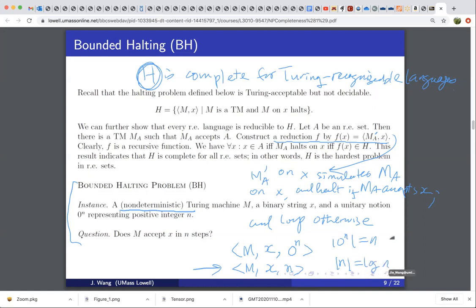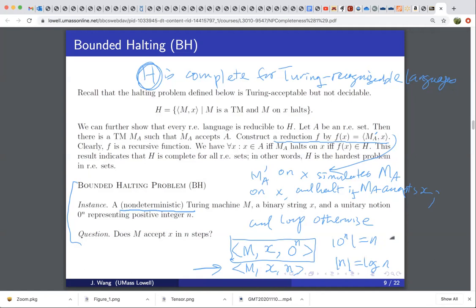So that is exponential. So then, of course, that will change the problem because it's no longer in NP. So that's why we use unary notation, to make sure that the bounded halting problem is in NP. Okay, so the question then is, does M accept X in n steps? So this n is the time bound.